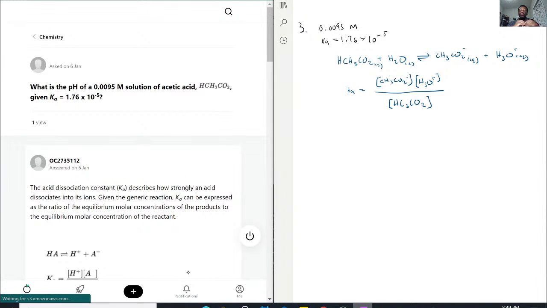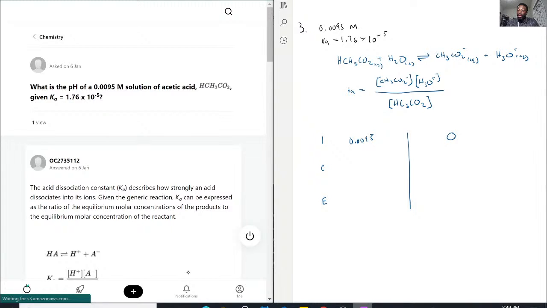And in order to solve for the H3O, that's where we need the ice table, which stands for initial, change, and equilibrium. So bringing it down exactly, we were given 0.0095 concentration of acetic acid. And water doesn't count, we can just cross that out. And now for the CH3CO2 minus, the conjugate base of acetic acid, we just assume that we started at 0.